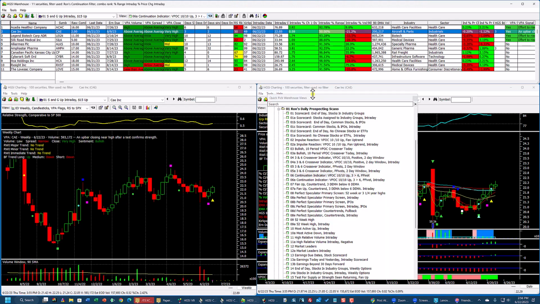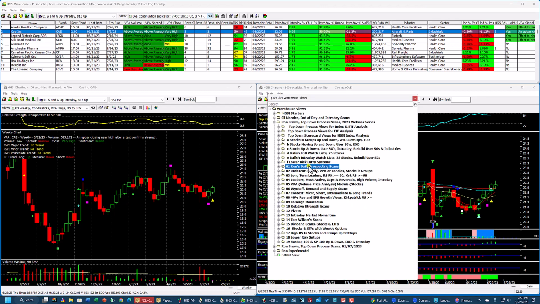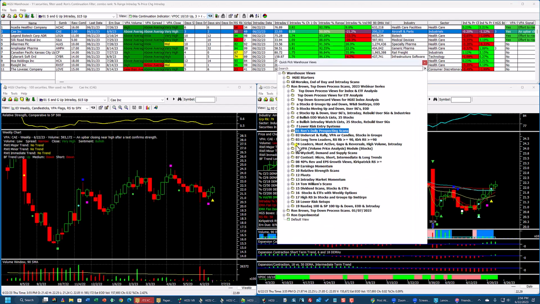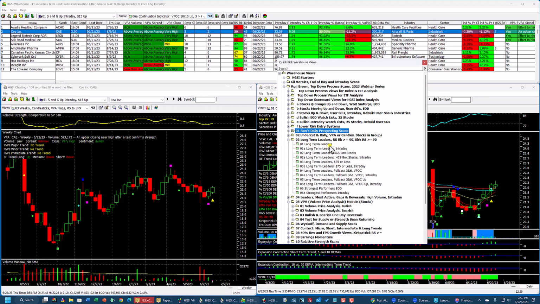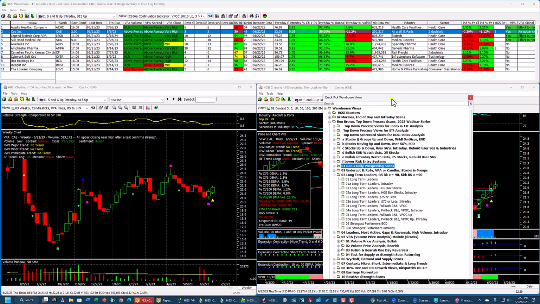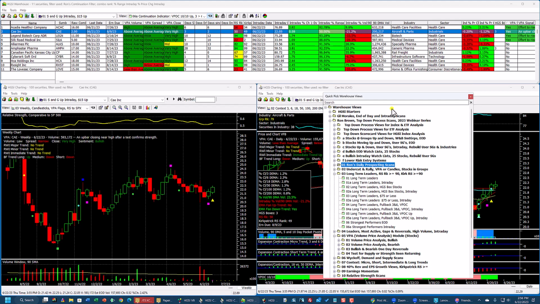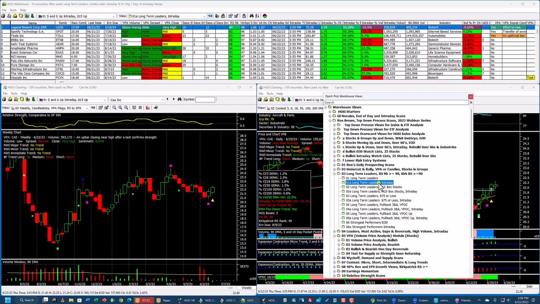Now, another thing I want to point out is I'm getting down here into the VPA stuff. Well, actually, before I get into the VPA stuff, this is actually a good place to look every day because we want to look for leaders, right? What's a leader?